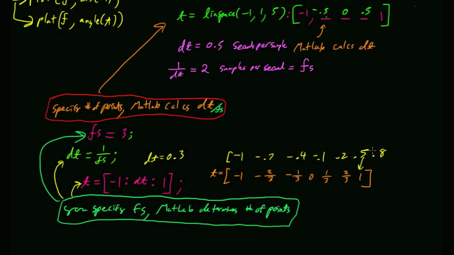Then 1.1? It will stop before this number. This is basically saying, start at negative 1, don't exceed 1. So it'll basically stop here. So you're actually not even getting a guarantee.